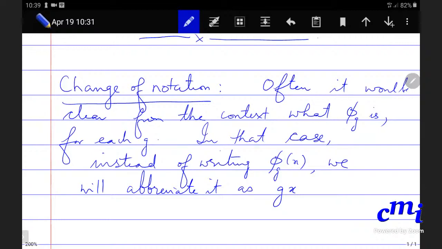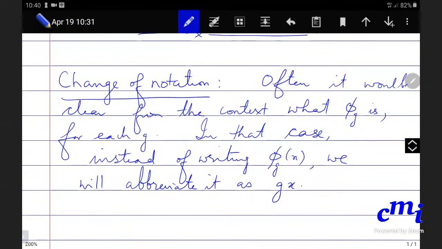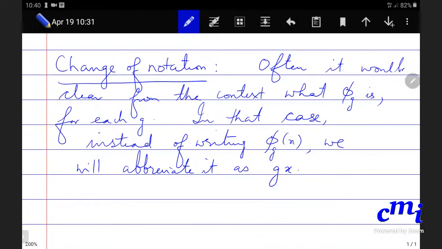You can pretend that we are doing some scalar multiplication. After a while, we never write phi_g(x), we just write gx. This gives me an escape clause: if you're confused, just write phi_g(x), but if you're clear what the thing is, just write gx.